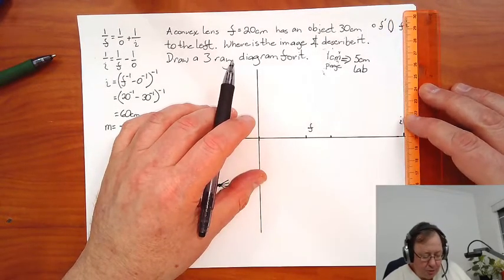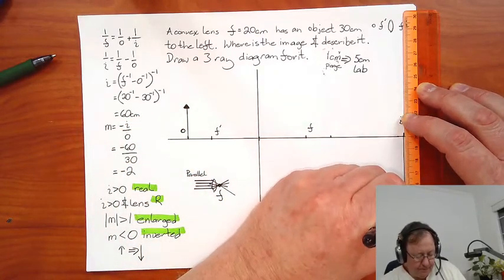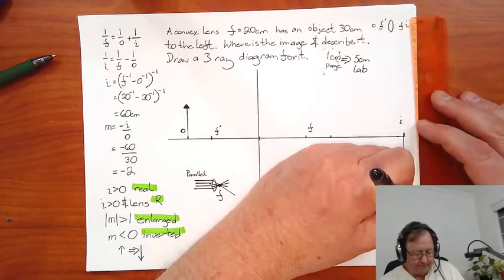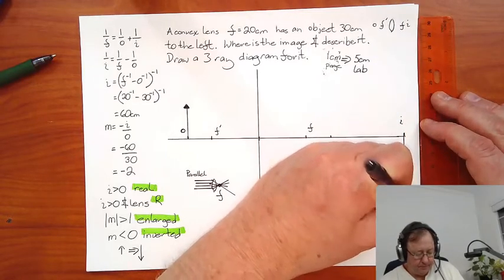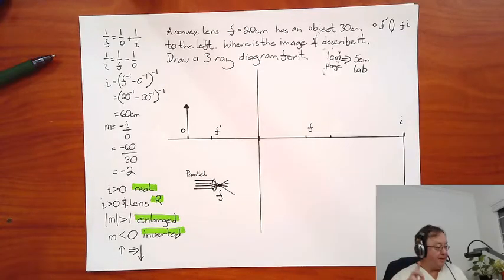And it's 2, which means you go 6. And this is it. Now, there are 3 rays.